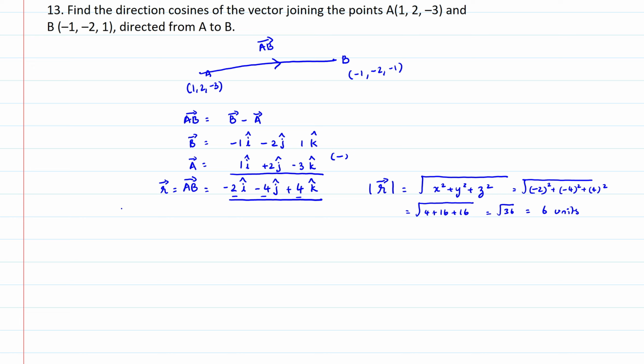And the formula for the direction cosines is given by: cos alpha is equal to L, which is the x coordinate divided by the length of the vector, the magnitude of R vector, and cos beta is M, that is equal to the y coordinate divided by the length of this vector, and cos gamma is equal to N, which is the z coordinate divided by the length of R vector.